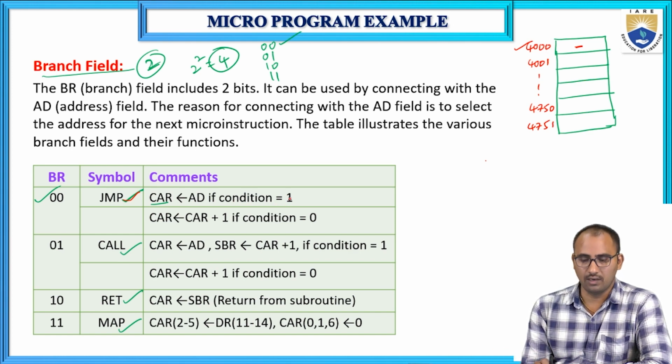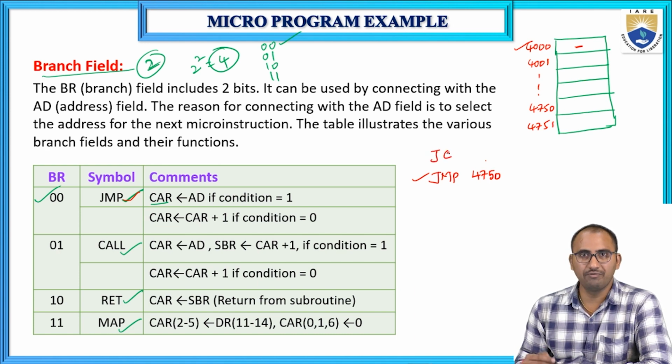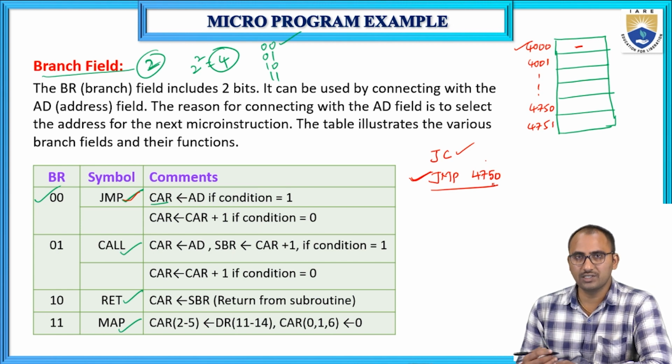If the condition is equal to 1, then before the jump instruction, we have some condition, like jump if carry, jump if below, jump if no carry. If the condition is true, then the next instruction will be executed. What is the next instruction?